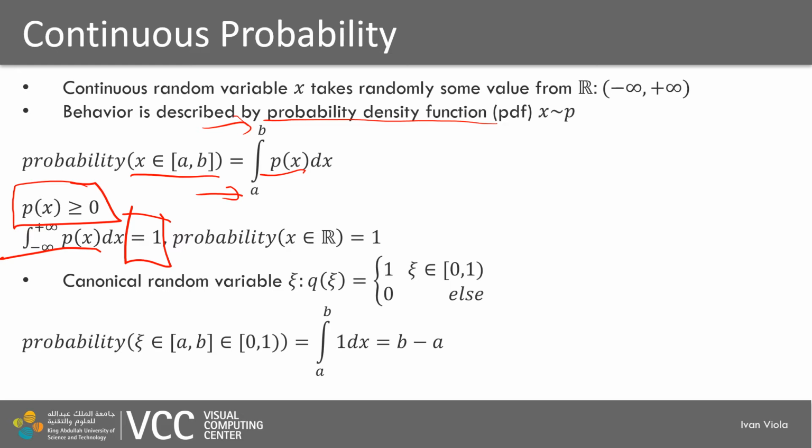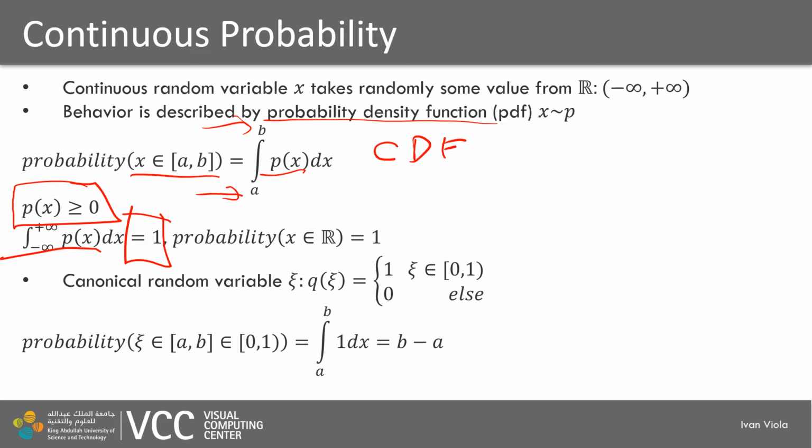Now, integrating the probability density function over a certain range, for example from 0 to a certain value, will give the cumulative density function, the CDF, or cumulative distribution function. We will be using both of these in the next slides to our advantage.